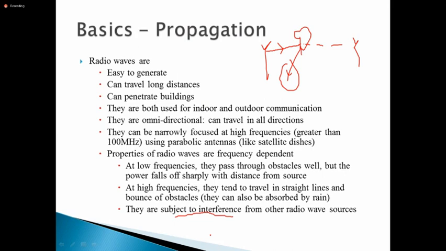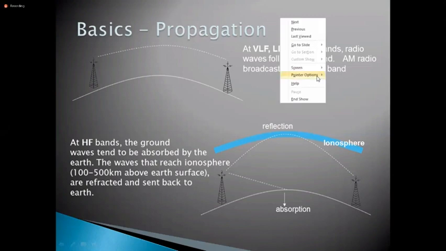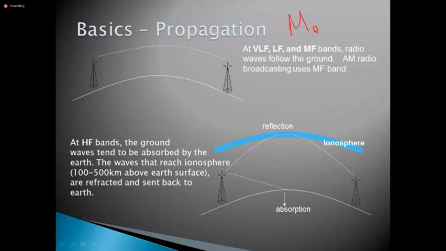So radio wave propagation is always in free space, so we need to understand all these things. Then there are three types of radio wave propagation, or we call them modes of radio wave propagation. I'll add it to these slides.